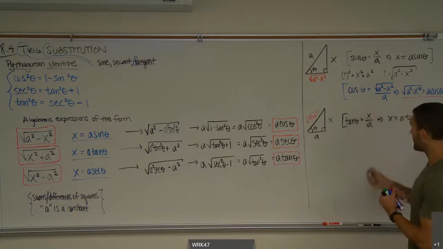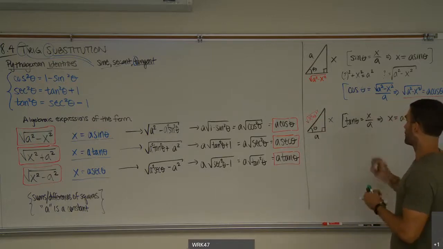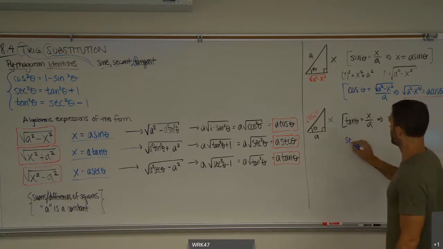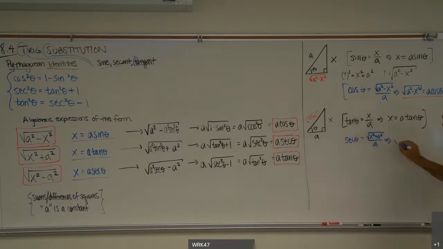And so what is secant of theta? That would be hypotenuse over adjacent. And so if I multiply both sides by a, I get this algebraic expression then in this triangle yields a secant of theta, which is what we wanted to show.